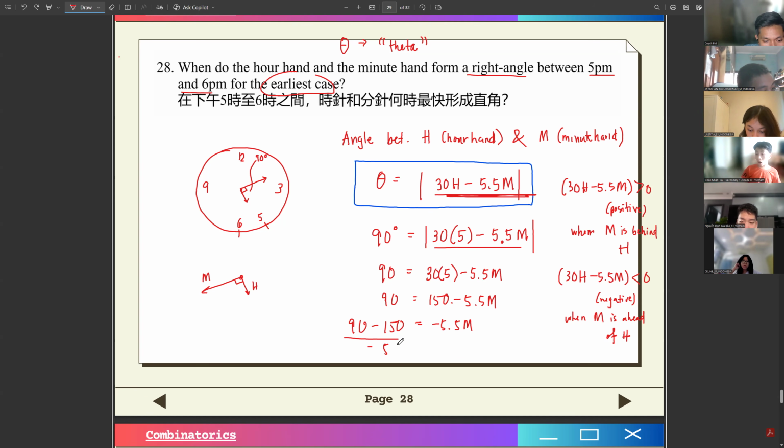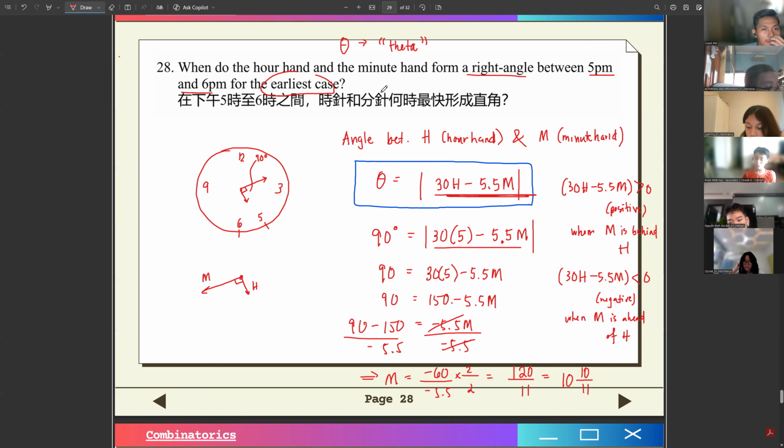Negative 60. Divide both sides by negative 5.5. So your M is equal to negative 60 over negative 5.5. So to make this into an acceptable fraction, we can multiply by 2 over 2. No? So this is 120 over 11. So this is 10 and 10 over 11.